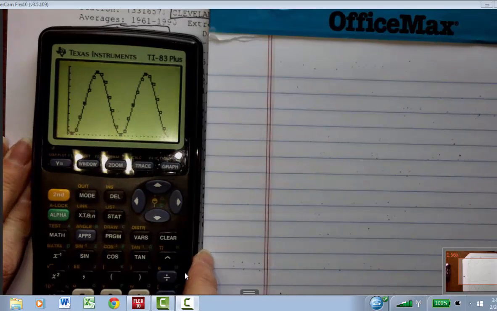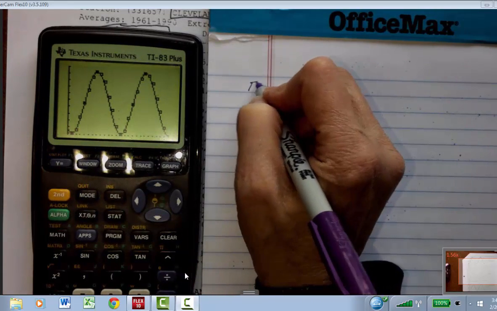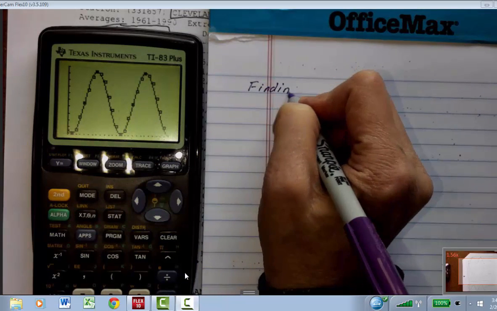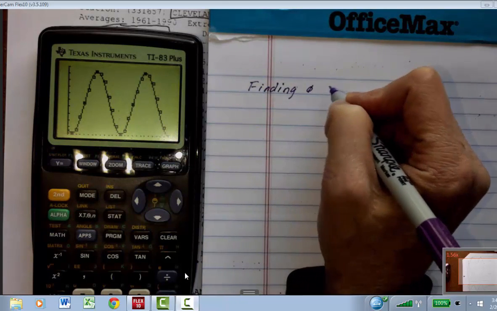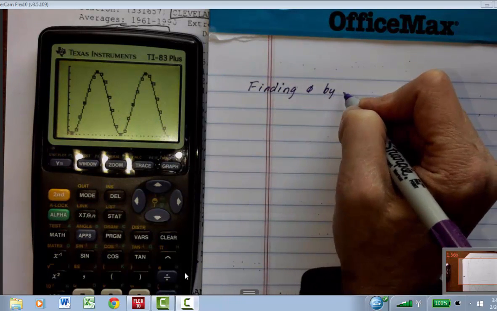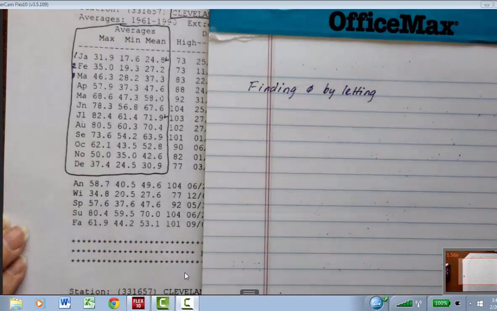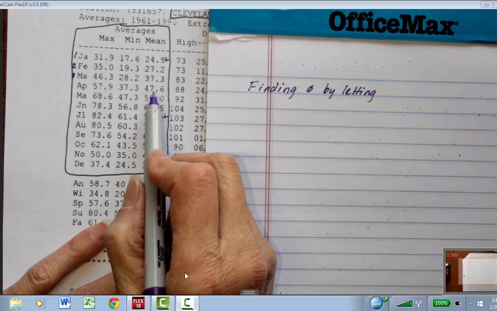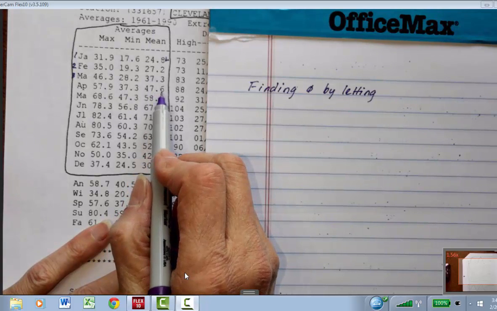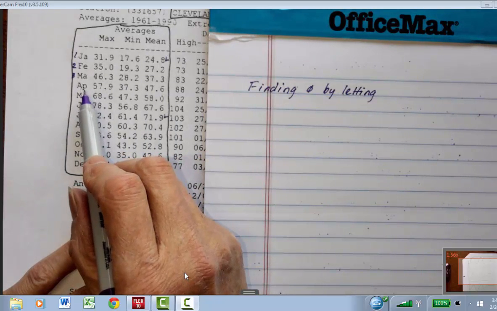So remember when we were finding phi before, we used t was equal to 4. And that was corresponding to April, which was 47.6 degrees. Well, my vertical shift is at 48.35. So I'm probably going to want it to be a little bit more than just the beginning of April.